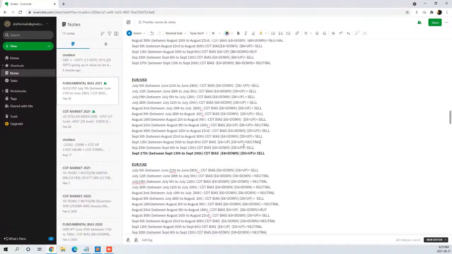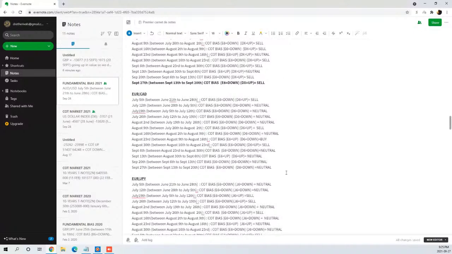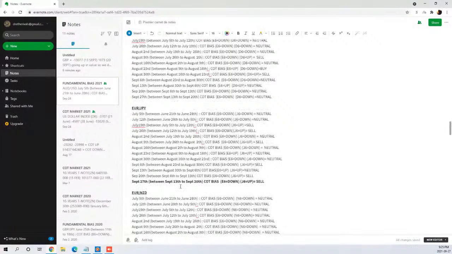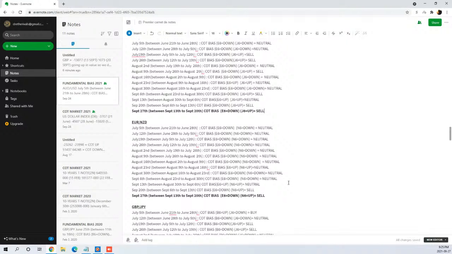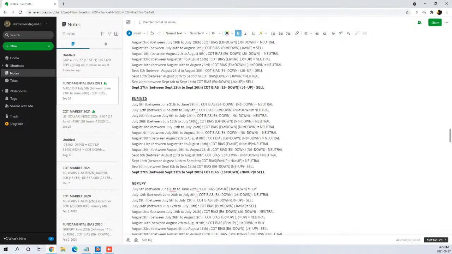Euro CAD neutral, same thing, going the same direction. Euro JPY, have it as a sell. JPY is going up. Euro is on the left side, the dominant currency, so we're going to sell it. NZD going up too, same thing. Euro NZD, the euro is going down, selling Euro NZD.